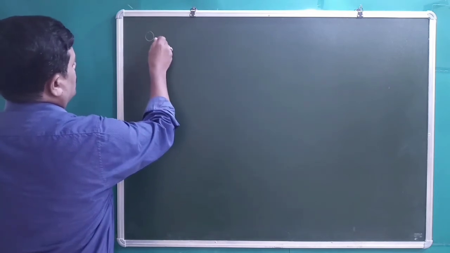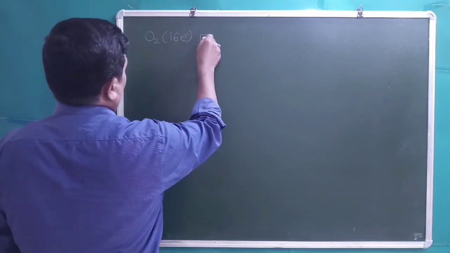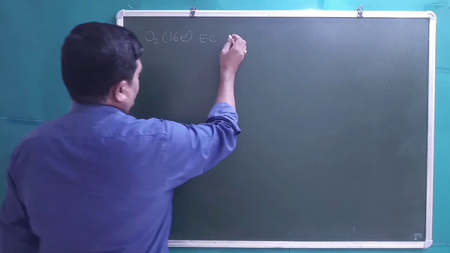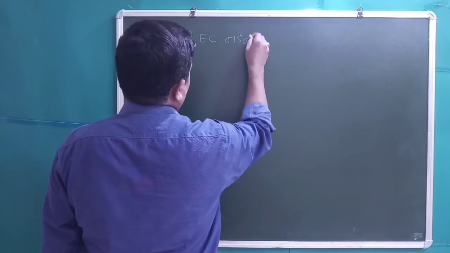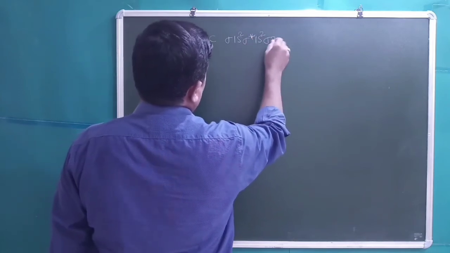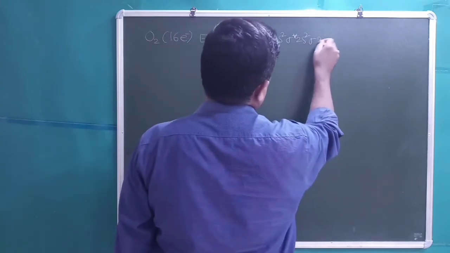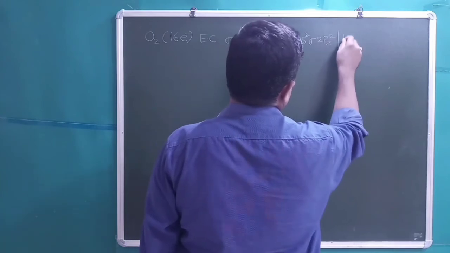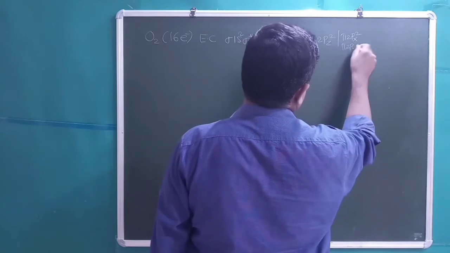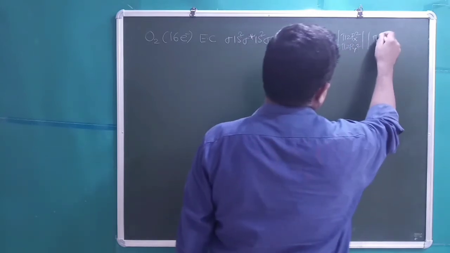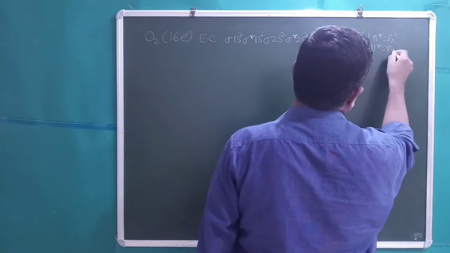Students, the O2 molecule has 16 electrons. The electronic configuration according to MOT we can write as sigma 1s2, sigma star 1s2, sigma 2s2, sigma star 2s2, sigma 2pz2, pi 2px2, pi 2py2, pi star 2px1, pi star 2py1.